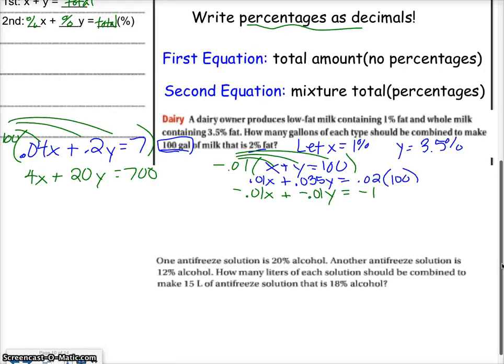Hey, and guess what else I need to do? I need to know what the heck 0.02 times 100 is? Oh, I know. It's going to be 2. This is going to turn to 2. I don't know how I'm going to just kind of rewrite that down here.